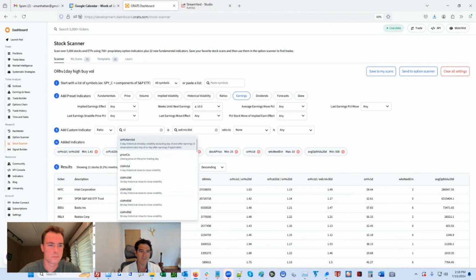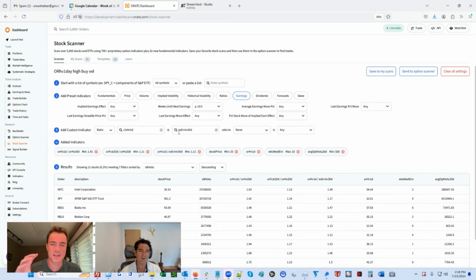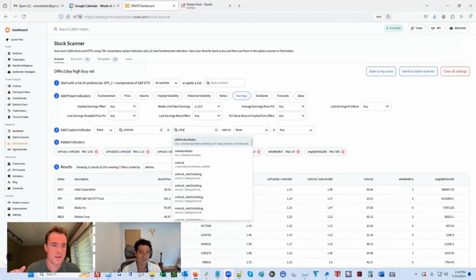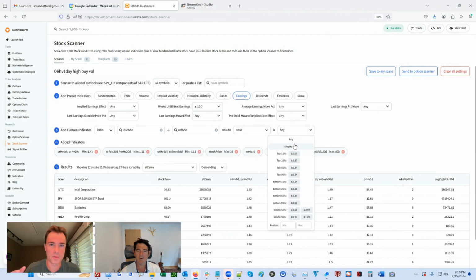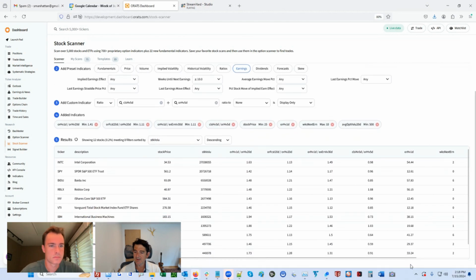Out of this basket of stocks that we've already filtered down, how many of these are kind of flying under the radar with a low close to close volatility? Is that what you're trying to look at? Right. So we want to find a low close to close ratio. So let's take a look at that.